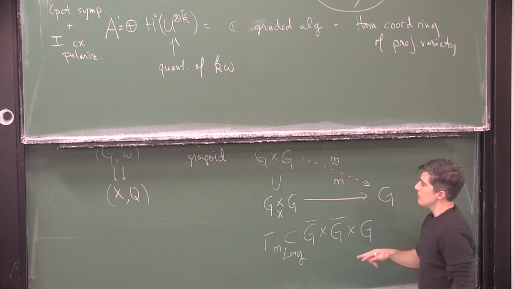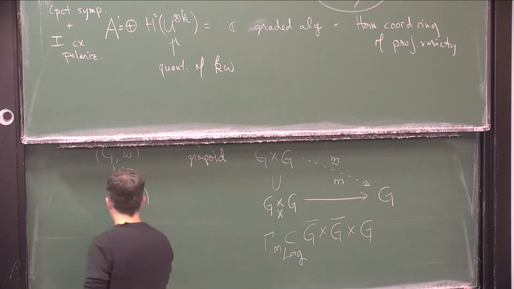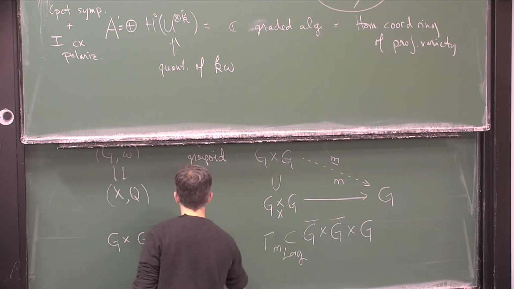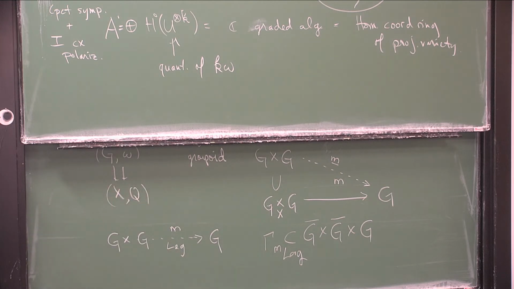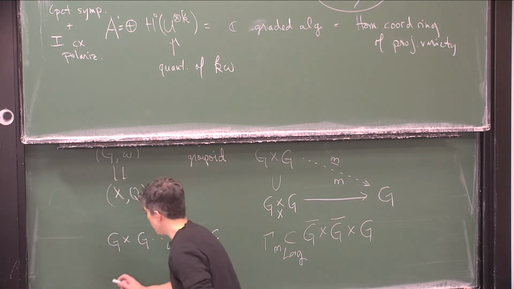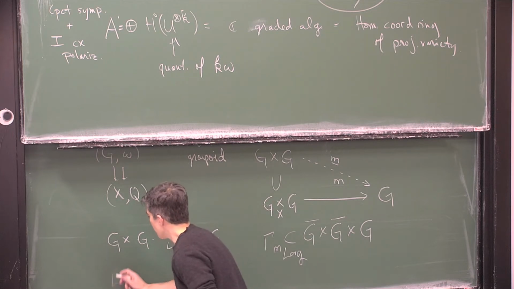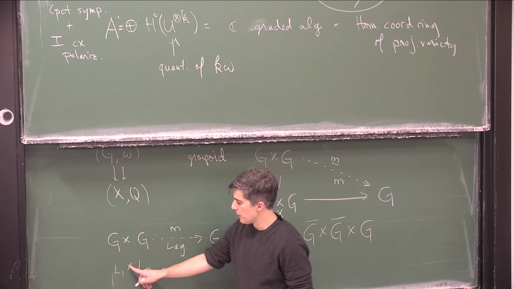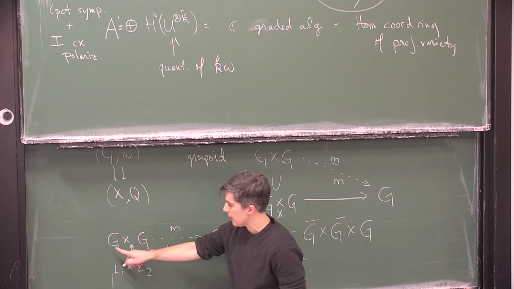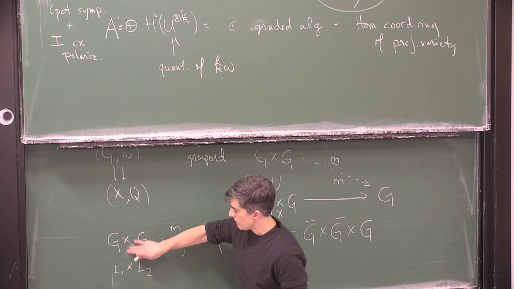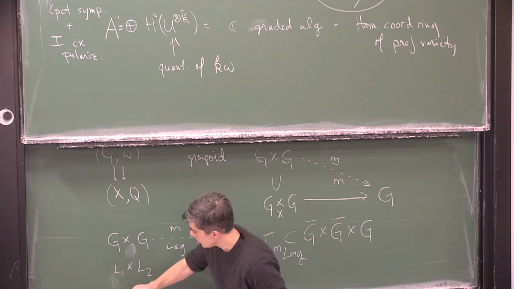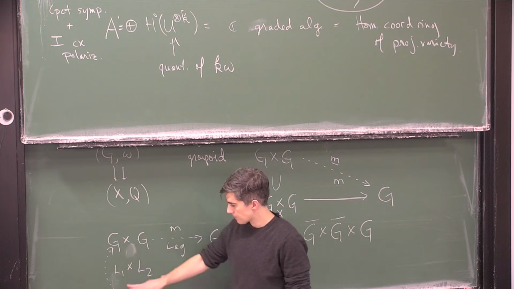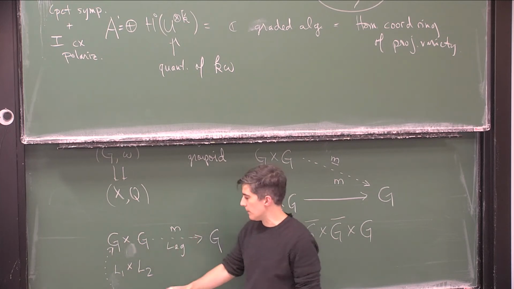Okay. And so because of this, the interesting thing is that when you have a Lagrangian relation between two spaces, what it means is that if you have, let's say, a Lagrangian L1 in G and another Lagrangian L2 in G, then you can take the product of these two Lagrangians, and that will be a Lagrangian in G cross G. Now, instead of thinking of it as a submanifold, you could think of it as a relation from a point to here, because it's sitting inside the product of a point with G cross G. It's a tautology.